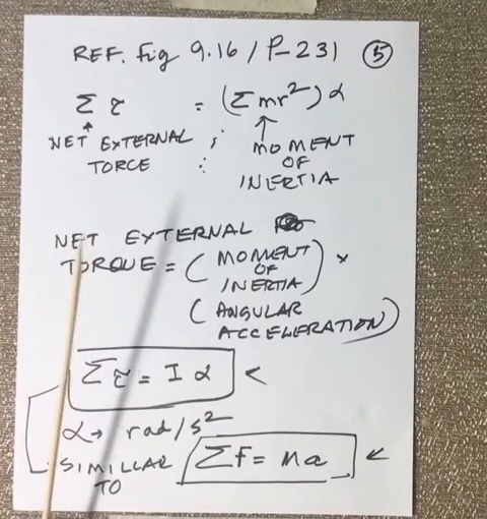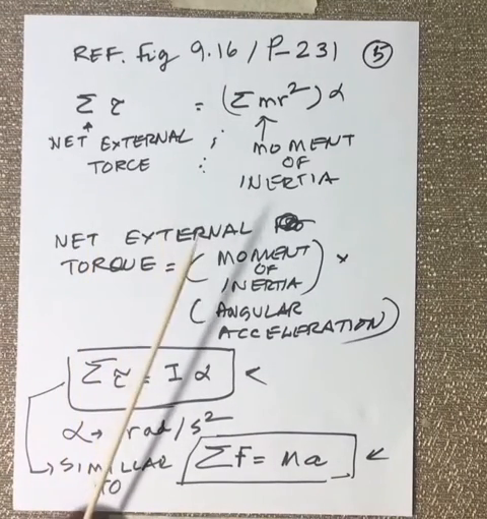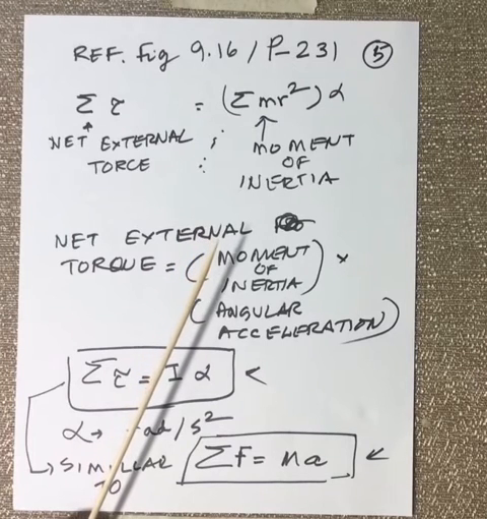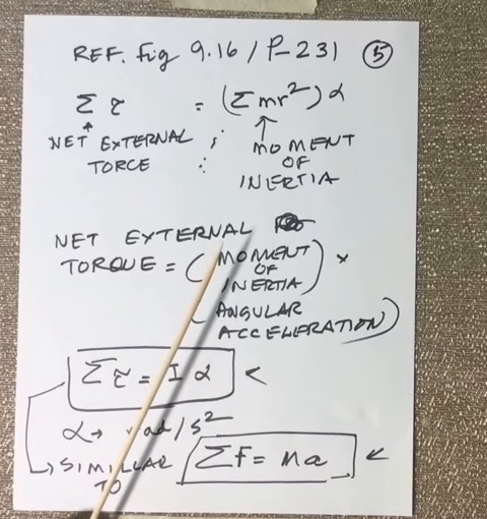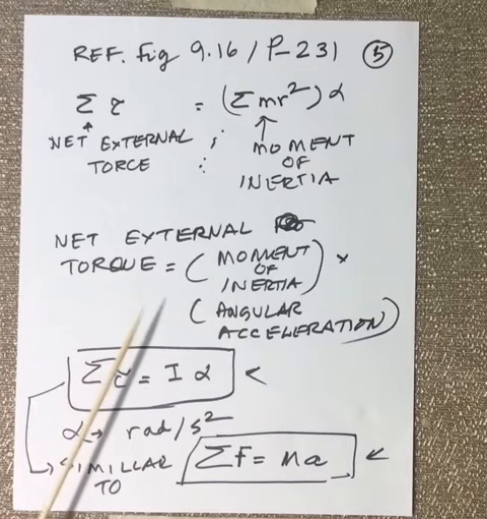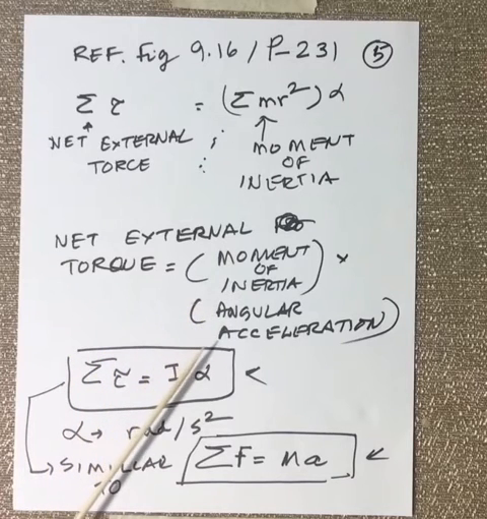The sum of all the external torque equals, in parentheses, the sum of m r square times alpha, which is the moment of inertia times angular acceleration.